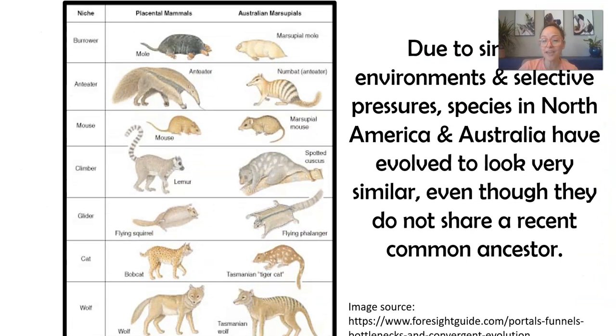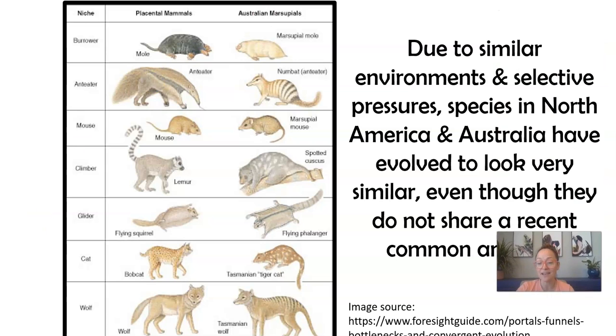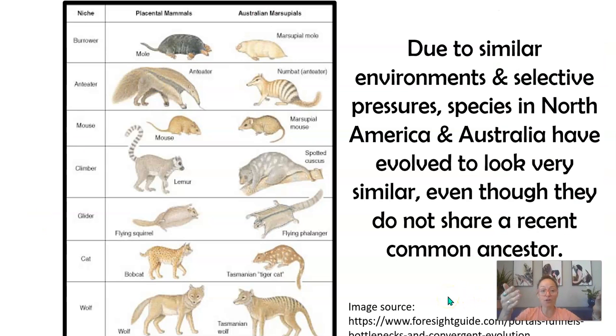So when we look at species that you find in North America and in Australia, let's look at the first one here, this placental mammal, a mole, and a marsupial mole. Their body types look very similar. It would be like they had a very recent mole-like ancestor, and now they've diverged, right?